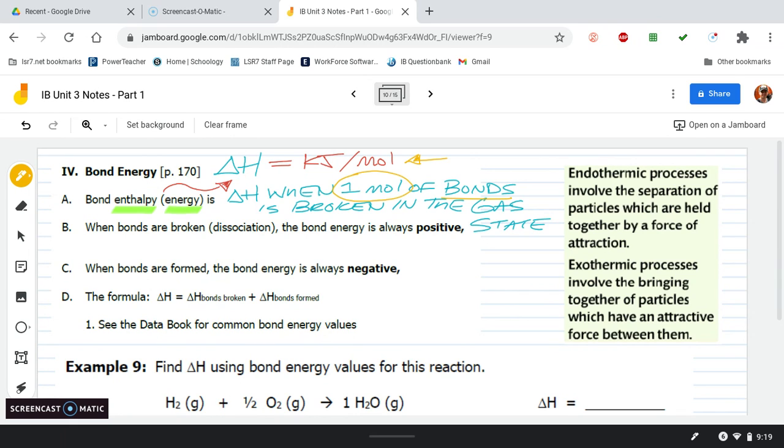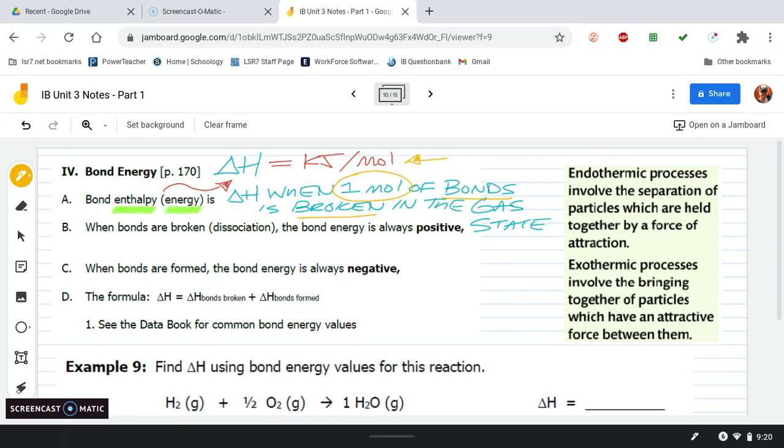When we start talking about making bonds and breaking bonds, we're going to be looking at the left and the right side of the equation. Think about it this way: you start with some chemicals, you break the bonds, they make new chemicals, and those chemicals form bonds. In order to break bonds, it says here on B that when bonds are broken, or dissociation, the bond energy is always positive.